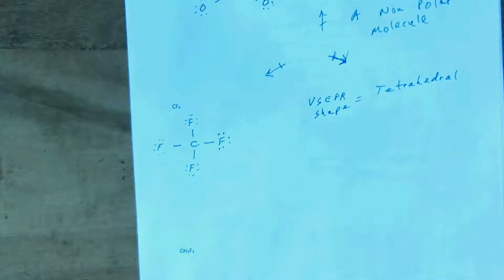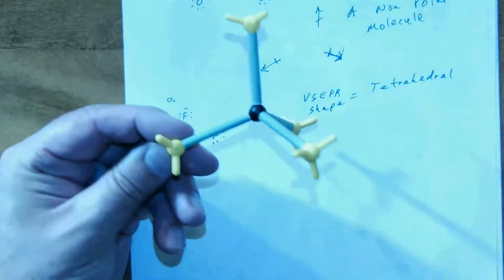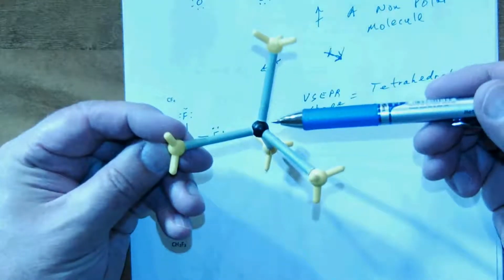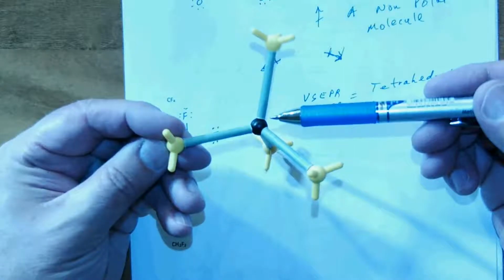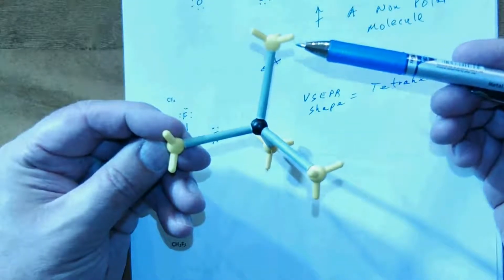So I have to build it based on that thing with 4 little connectors. I'm going to pretend that the fluorines are the yellow atoms here. So here I've got my CF4 molecule, and black is the carbon atom in the middle. The yellows are the fluorine atoms.